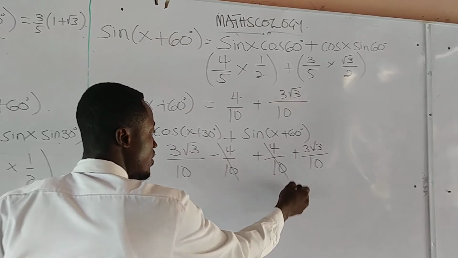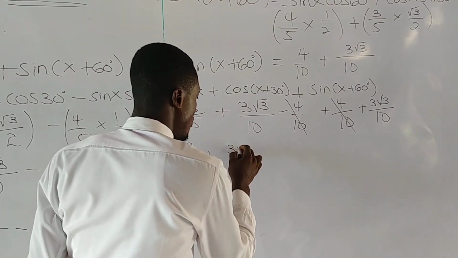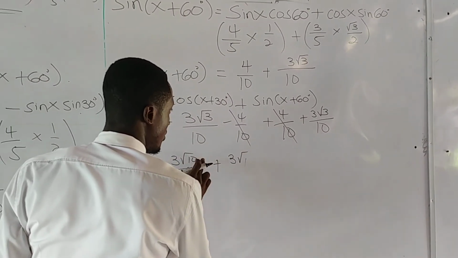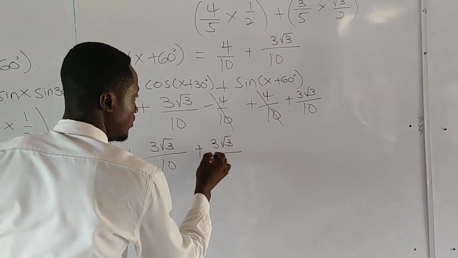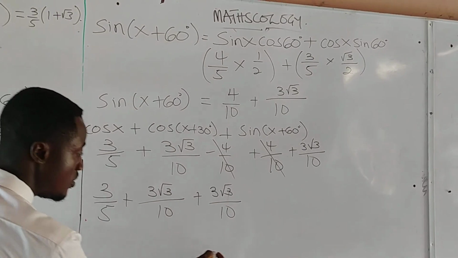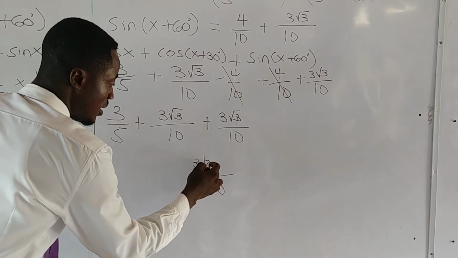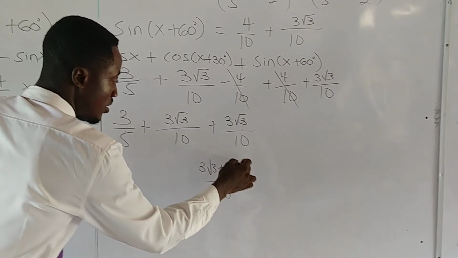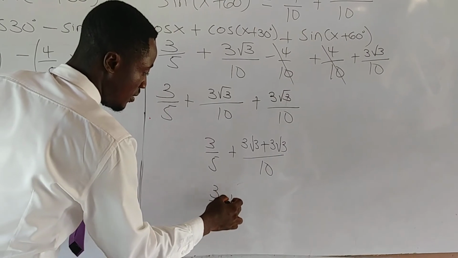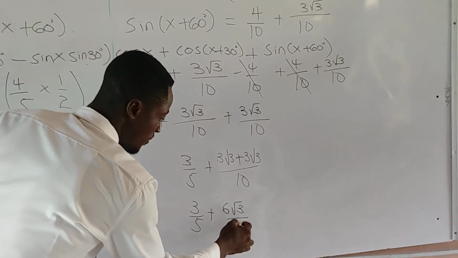So negative 4 on 10 will do away with positive 4 on 10, leaving us 3 on 5 plus 3 root 3 on 10 plus another 3 root 3 on 10. The denominators are the same, so let's take 10. 3 root 3 plus 3 root 3 will give us 6 root 3 on 10, plus 3 out of 5.